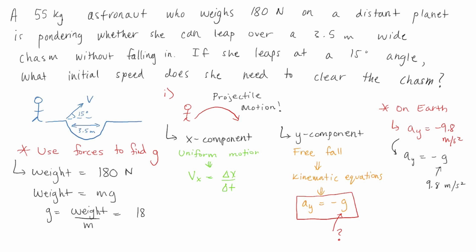And so we can plug in those values, and what we find is that g is equal to 3.27 meters per second squared. And now we can use the a is equal to negative g equation to solve for the acceleration due to gravity on this distant planet. And we find that their acceleration is equal to negative 3.27 meters per second squared.